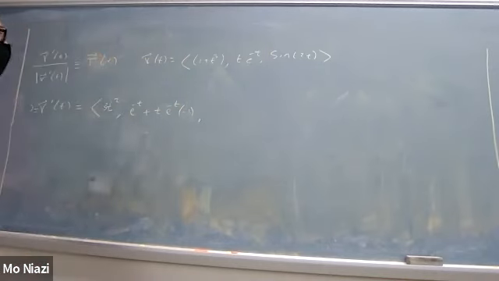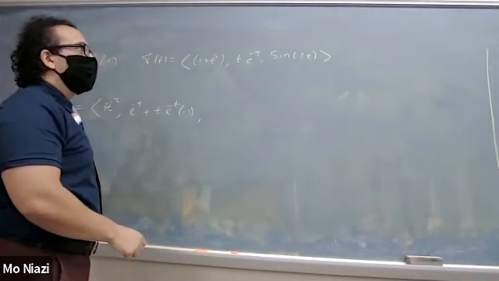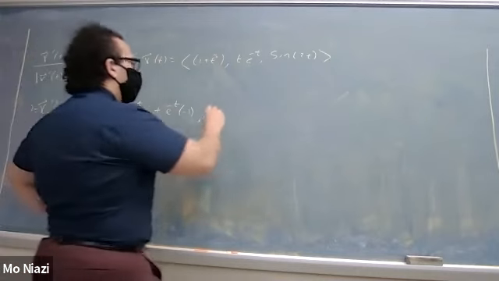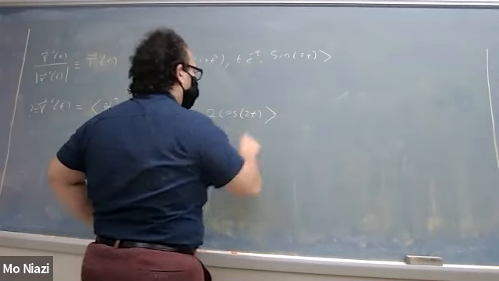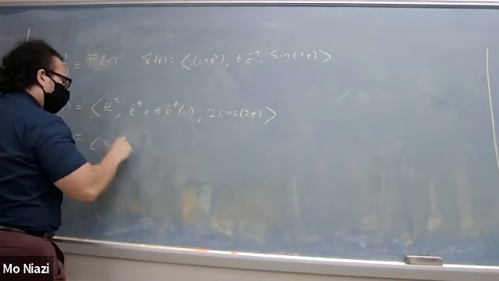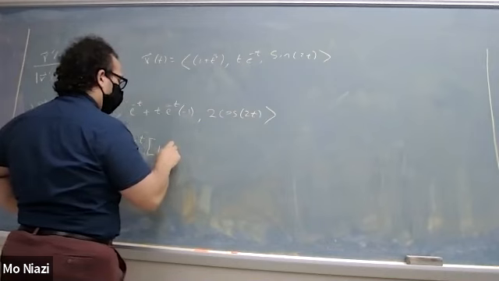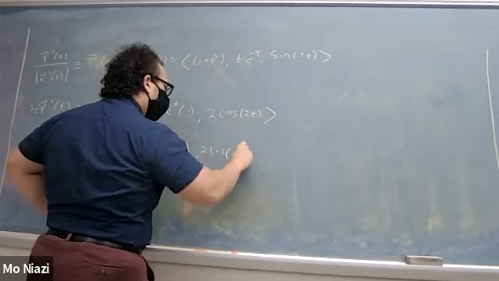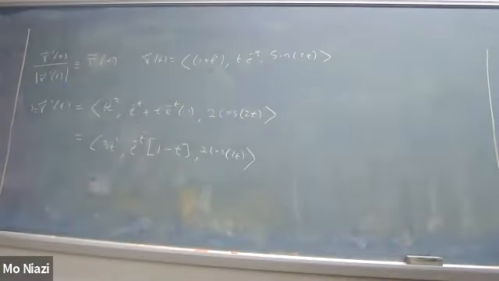Then for sine of 2t, the derivative of sine is cosine, but then d/dt of the inside function 2t gives 2, so it becomes 2 cosine of 2t, just from the chain rule. Factoring out e to the negative t, we get 1 minus t over here, and then 2 cosine of 2t. That's just one example. Let's do more examples.